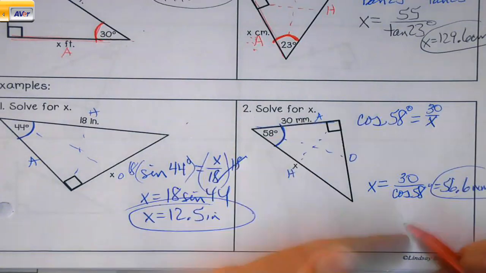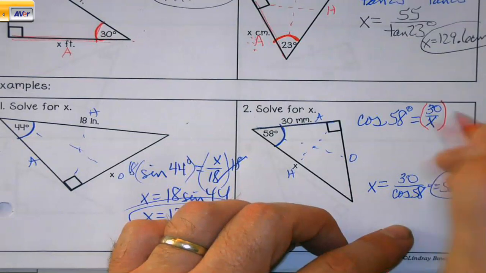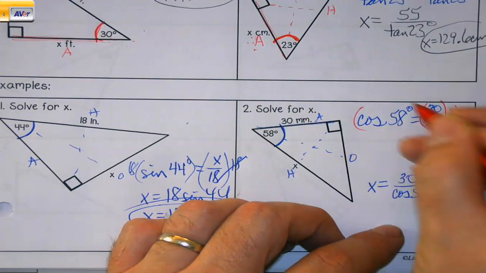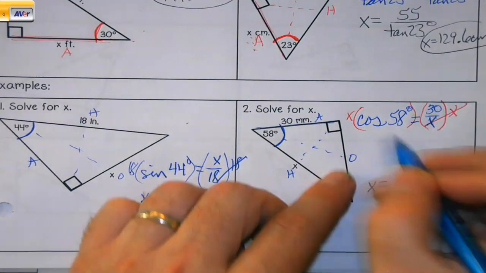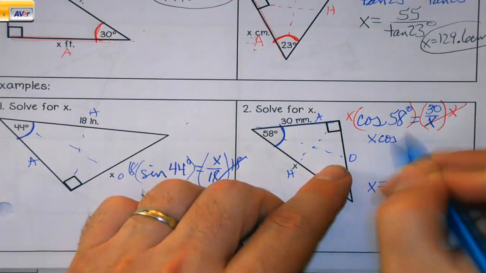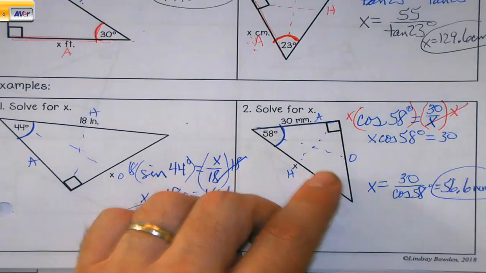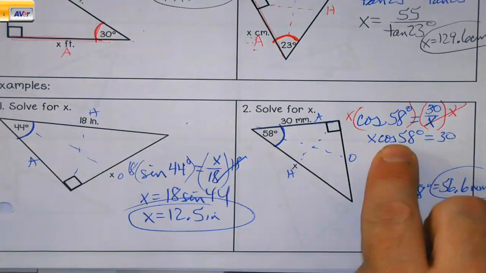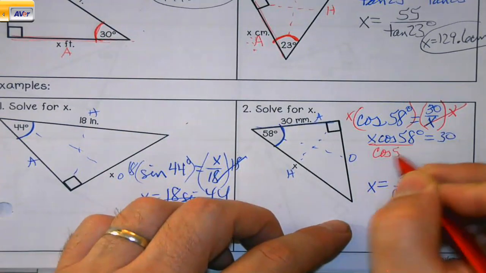So just to see again where that comes from, if I was doing algebra, I'd need x out of the denominator. We'd multiply by x. But now to get x alone, I'm multiplying it by the cosine of 58, and I need to undo that.